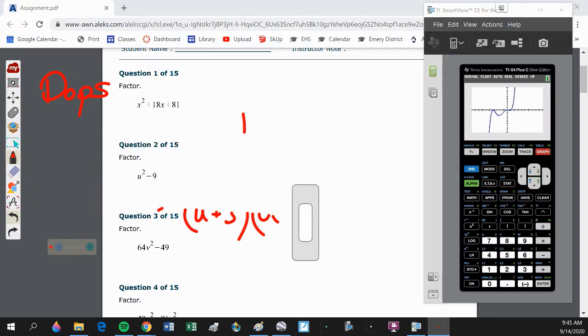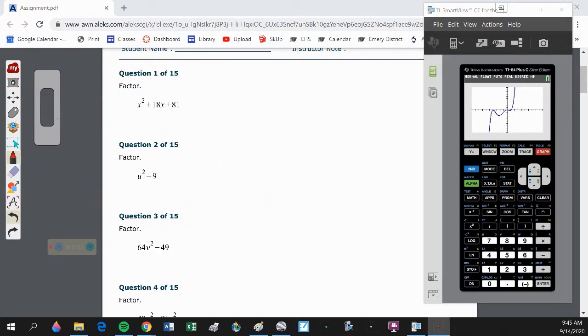Okay. Now, number 3 looks really difficult, but notice we have a missing term in the middle. This is a difference of perfect squares. What two values multiply together to be 64v squared? 8v and 8v.